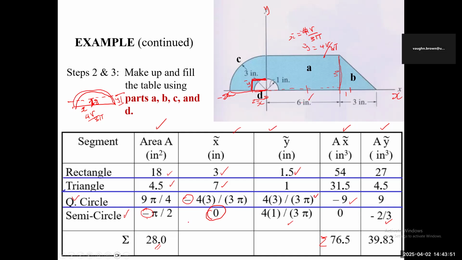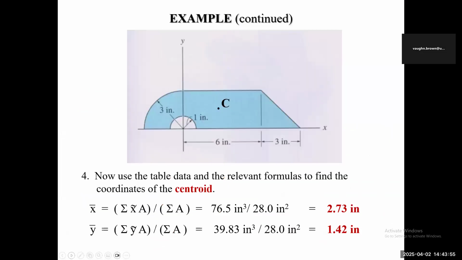All right, and as a result of that, now we can simply find the centroidal axis. So x bar is going to be the summation of xA divided by the total area. So each one of them, sum them and divide by the total area. So it is saying that the centroidal axis is at 2.73 for the x and 1.42 for the y, which you see here.